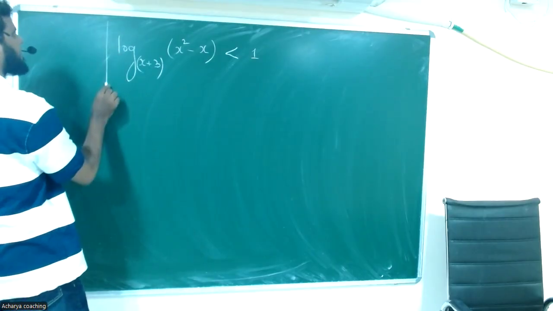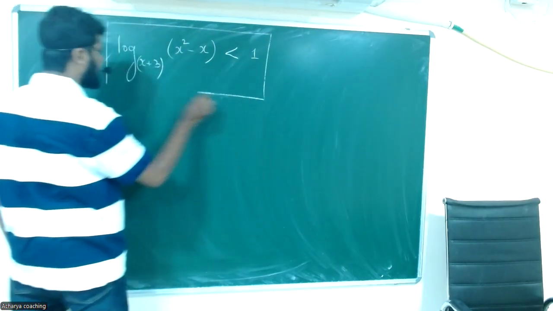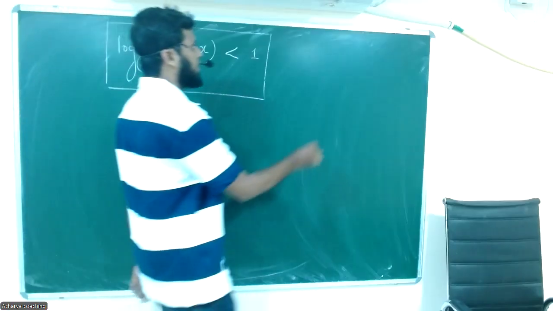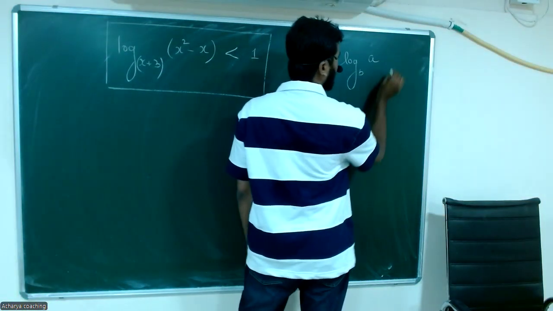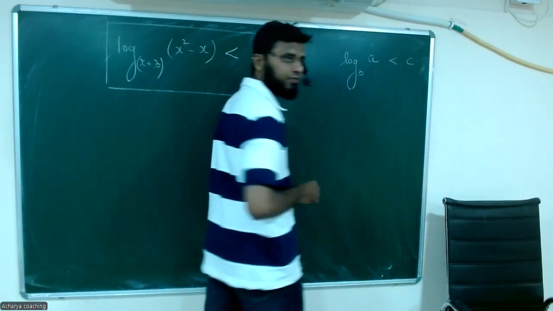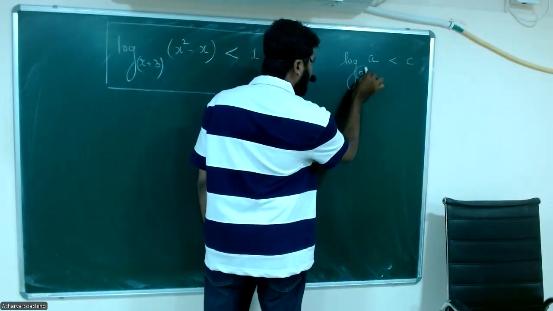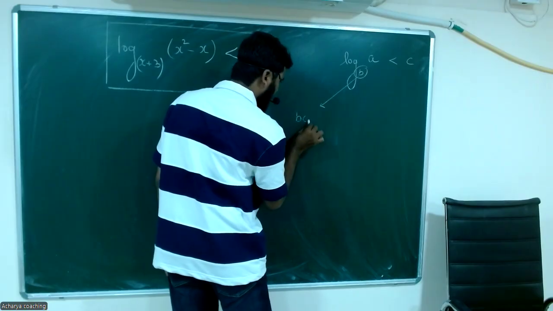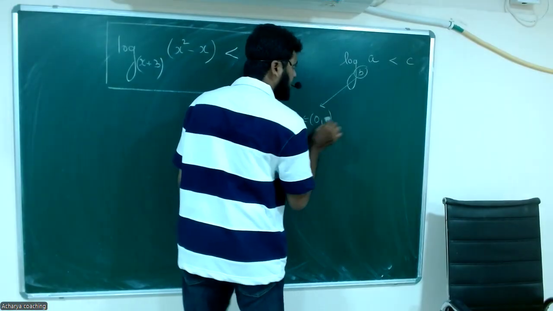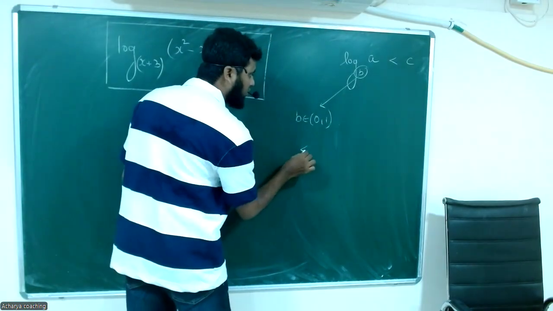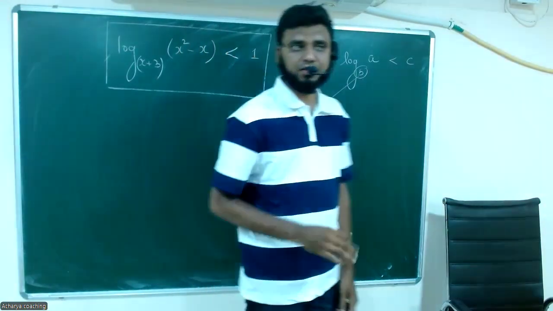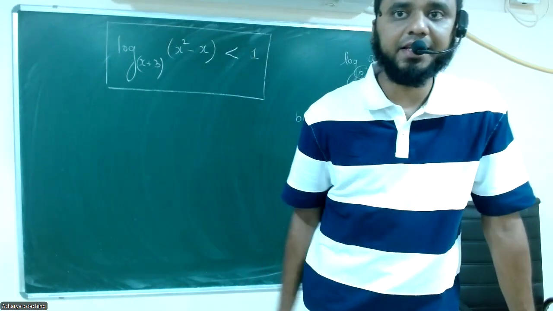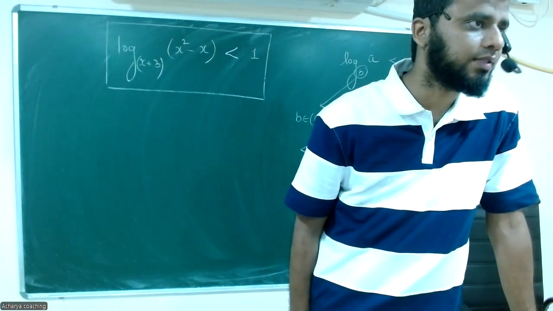Listen here. Last class I explained, if we have log A with base B less than C, okay? First case, if the base belongs to 0 to 1, if we remove this log, the sign of inequality will be reversed, because it will be a decreasing function if the base is less than 1.